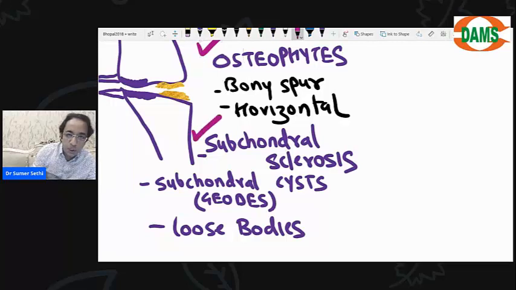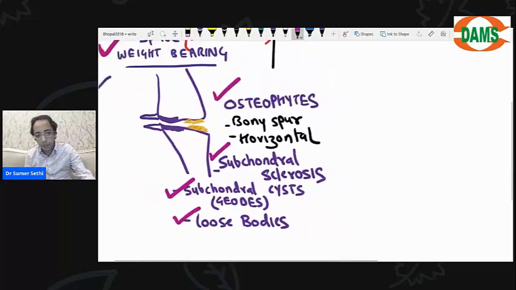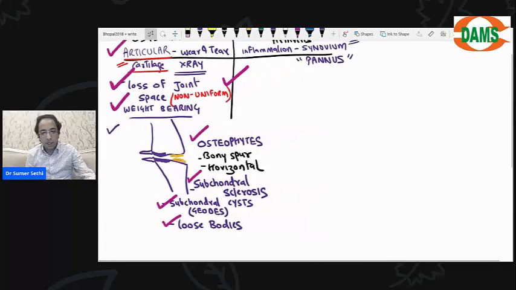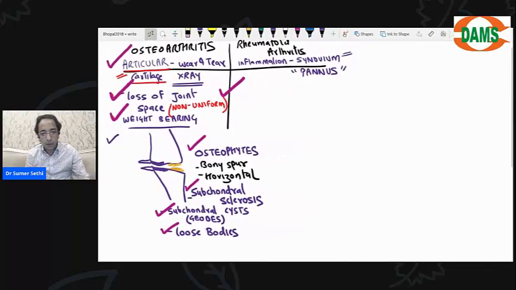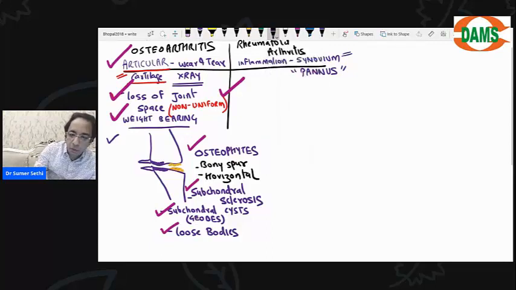There will be bones hitting against each other because there is no cartilage in between. So the articular margins will have sclerosis, subchondral cyst formation, loose body formation. This is something that you will read in orthopedics again. Don't worry about it. My goal is to show you how a radiologist thinks and how I differentiate from rheumatoid arthritis.